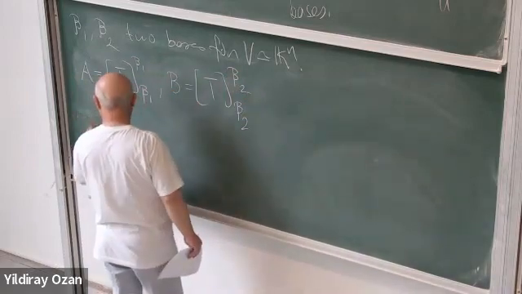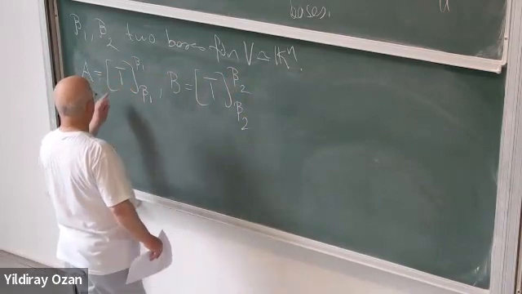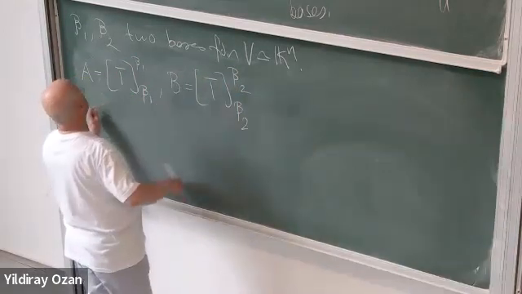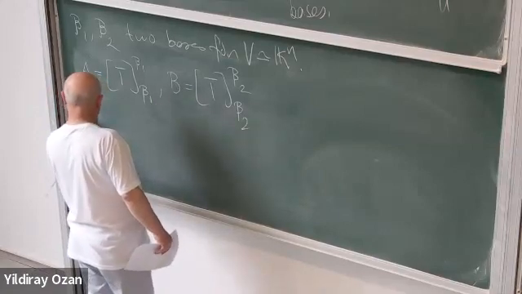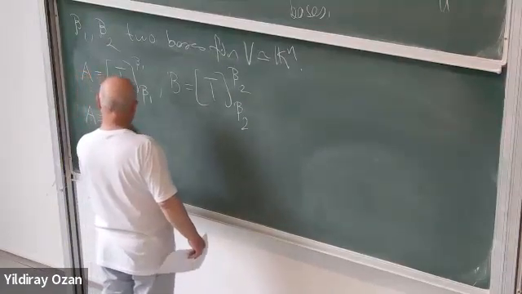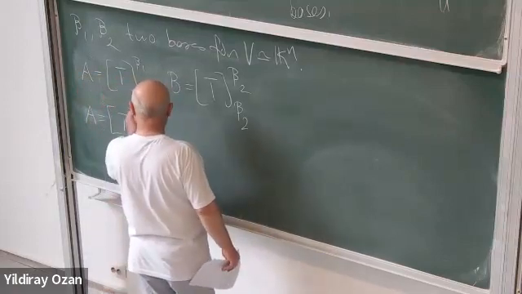Well, A is just the matrix representation of T in the basis beta 1.